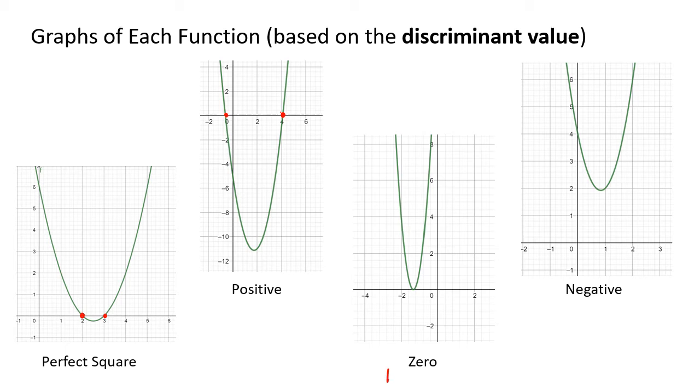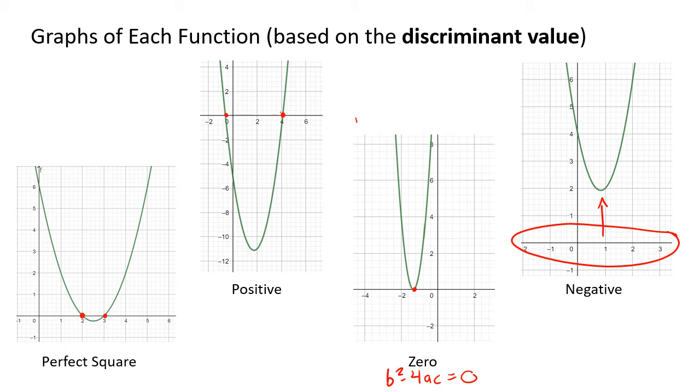You can see when b squared minus 4ac equals 0, you only touch at that vertex. And when it's negative, like I said, there's no roots. In other words, the parabola sits above this x-axis. So it never will cross. So you draw that parabola, but it'll never cross this piece right here.